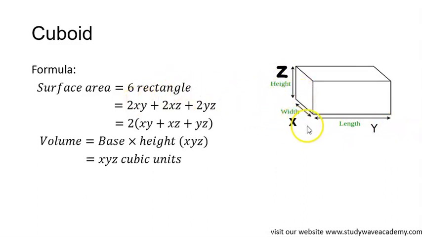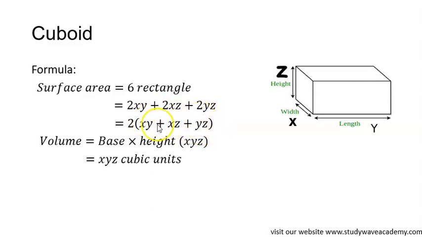So you have x is the width, so the width times y, which is the length, okay? Plus the width times the height plus the length times the height, okay? So you can put any letters you want. Do you understand? This can be simplified into 2 bracket xy plus xz plus yz, bracket close.